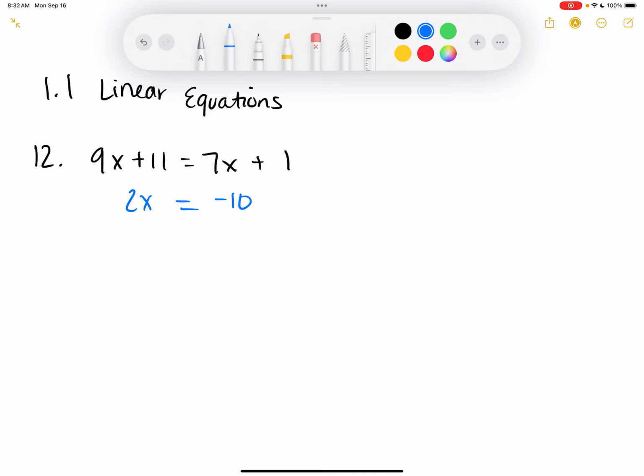Then divide by 2, x equals negative 5. So is this an identity, conditional, or contradiction? Conditional, because that one has exactly one answer.